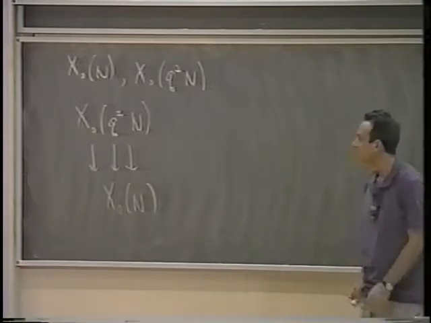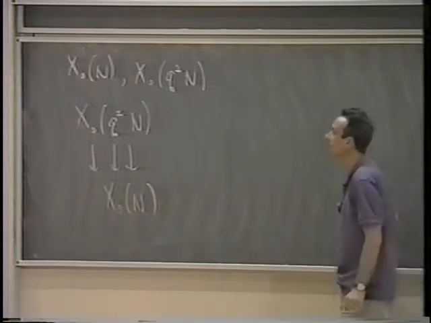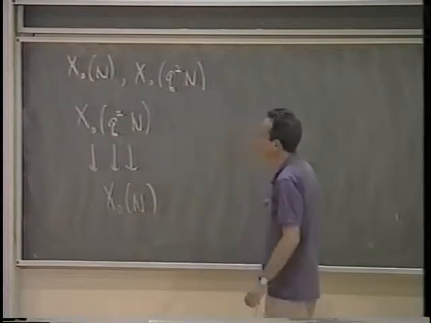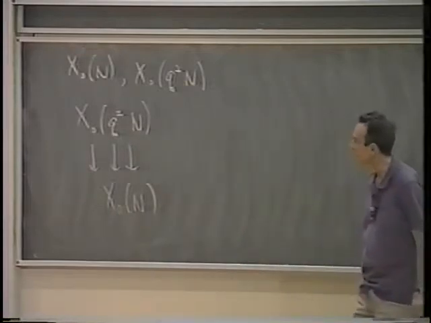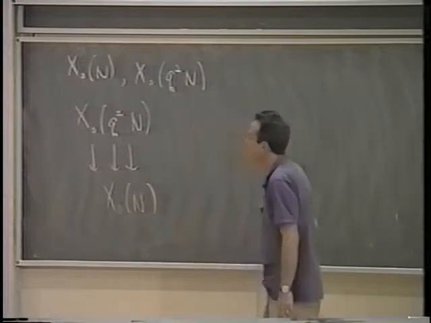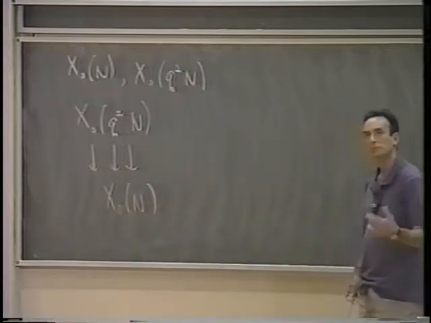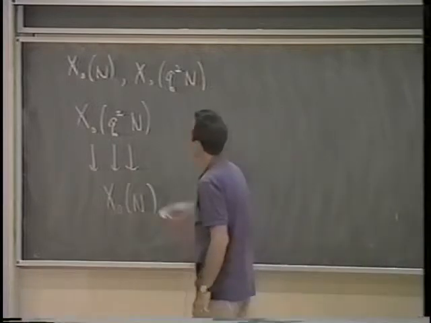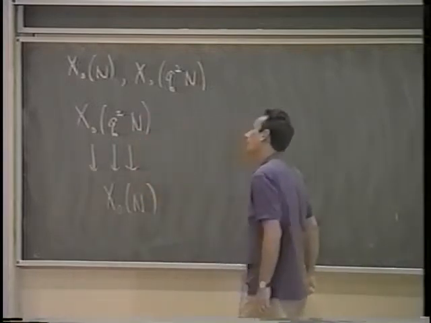For example, if you have an elliptic curve with a cyclic subgroup of order q squared n, there are 3 possible ways that you can get out of it an elliptic curve with simply a subgroup of order n. One way is simply to forget the q squared part of it, since q is prime to n. And another way is to take a subgroup of order q or q squared and divide by it and see what happens. Also in terms of the upper half plane, it's easy to see these maps.